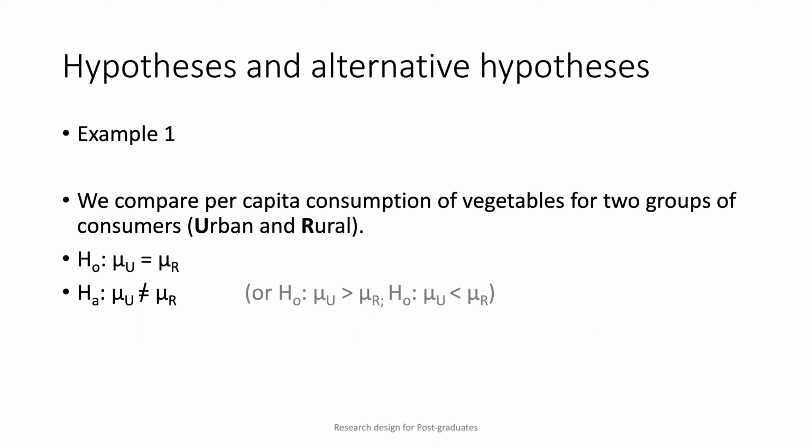And one possible alternative hypothesis is that they're not equal. This can mean a number of things. It can mean that one is larger than the other or one is smaller than the other. But for now, we just say it's not equal.